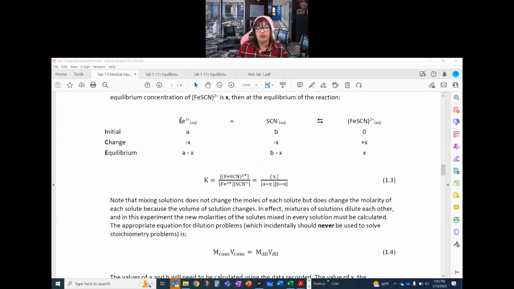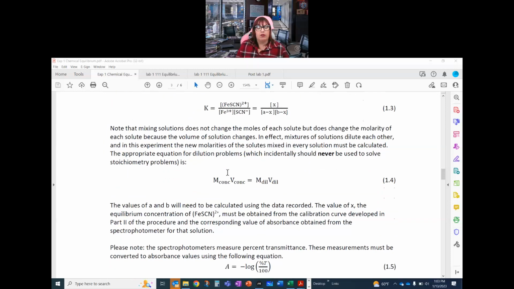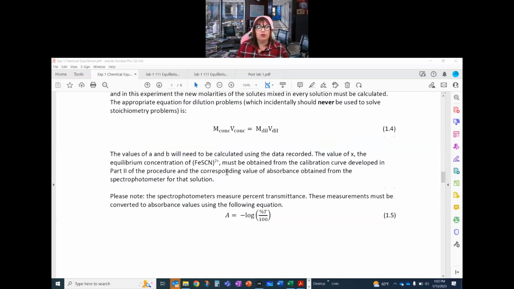If this was 1 plus 2 SCN, then this X would be a 2X. And my equilibrium expression is going to be whatever I started with minus the change to give me that equilibrium. And that's what we put in to solve for K. So that's how we do that when we don't know what those values are. And we'll talk about the calculations when we do that.